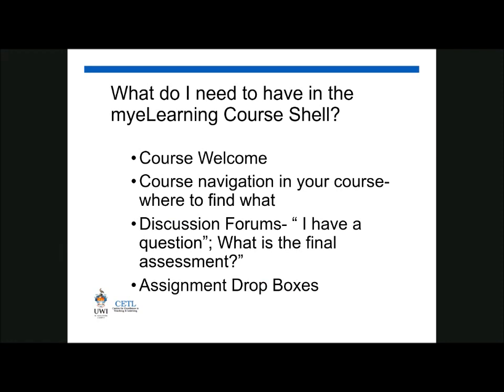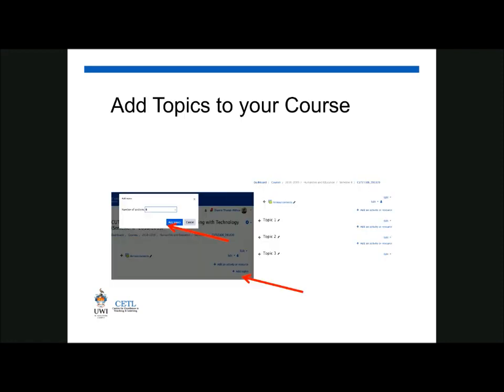All right. So the first thing that I would ask you all to do, if when you go into your course, all you see is the news forum or announcements, is to try to now add topics. Now we're asking you to add topics with the understanding that your course, yes, Trevor, you do have an option.